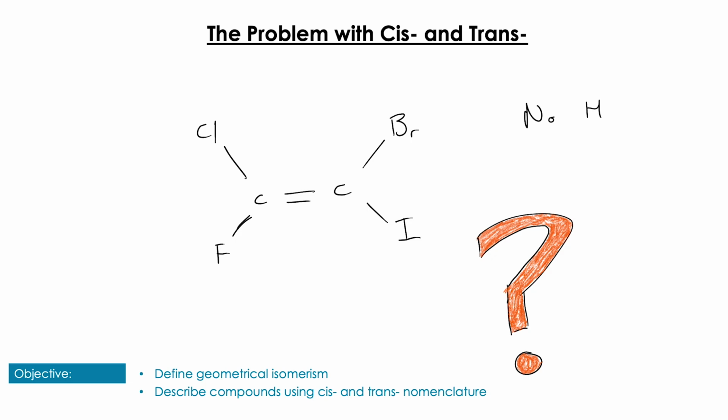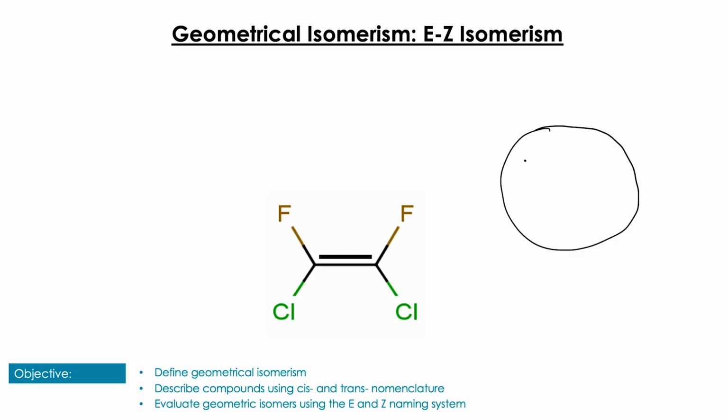Well, there's actually been the development of a second nomenclature system called EZ. Now it's important to recognize that E and Z isomerism encompasses all of cis and trans, so EZ can be used for all molecules with a double bond, whereas cis trans is only for those with hydrogen groups.